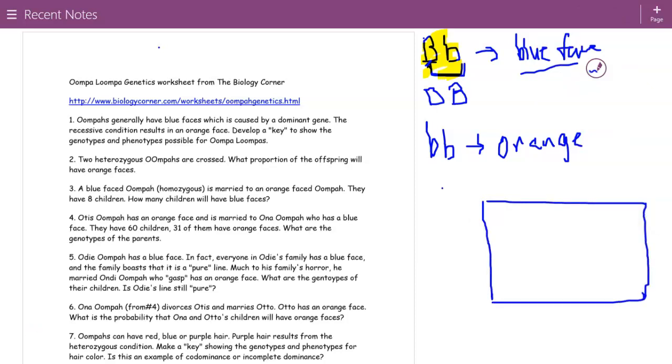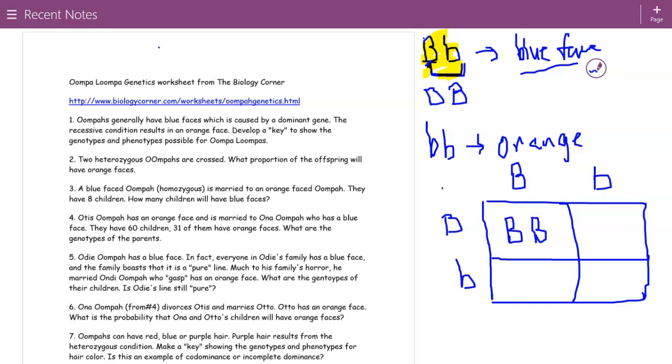Okay, I'm going to have possible alleles from mom and possible alleles from dad on the other side. And then I'm going to cross them. And this is what I get.